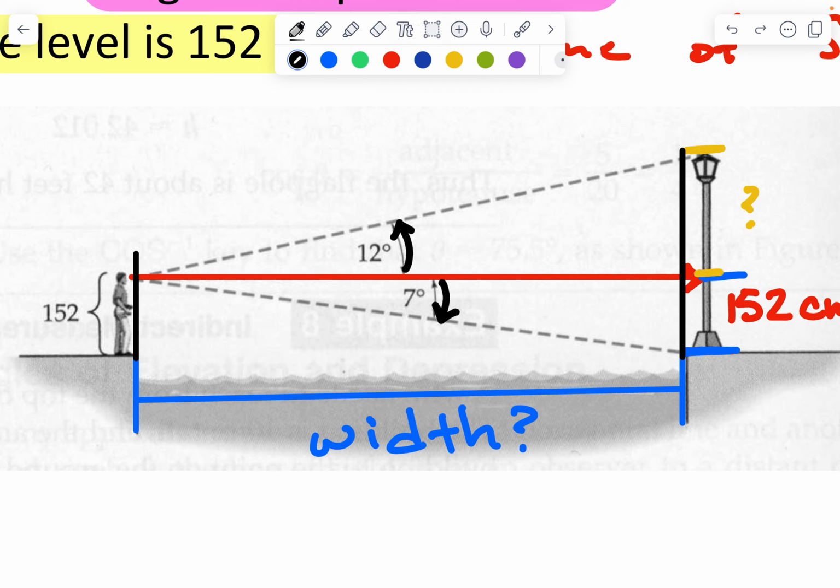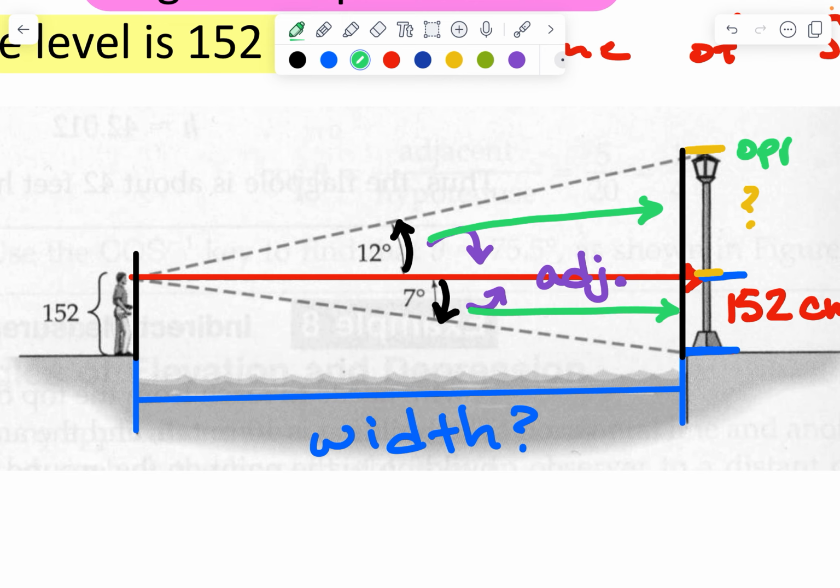And from my two angles, from both of them, if I go from the 12 or I go from the 7, this is the adjacent side. This is the adjacent side of these triangles. Now, in both triangles, I am looking for the side across from the angle, which is the opposite.